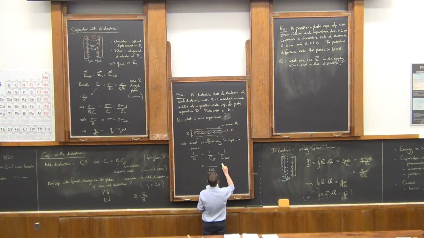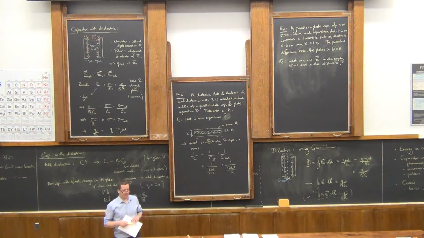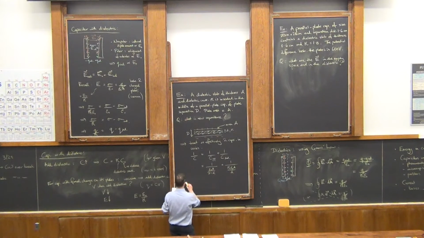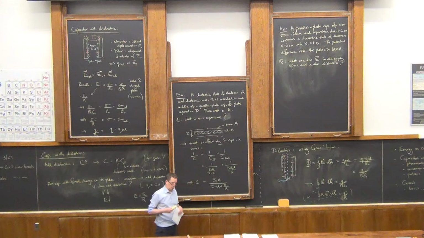And what I should have here is 1 over kappa times epsilon A, and then I'm going to divide this by the thickness of the dielectric itself. Okay? And a little bit of manipulation here will tell you, in fact, that I'm going to just write this up and let you guys play around with it on your own time. If I simplify this and combine terms, it turns out that the new capacitance can be expressed in that form. Okay?